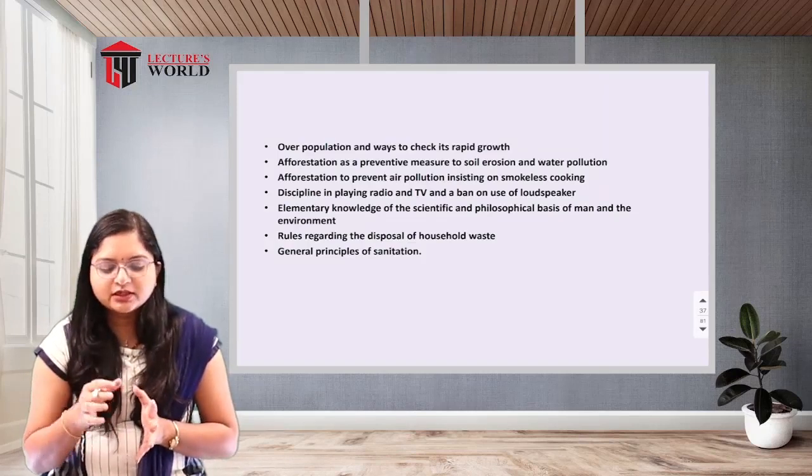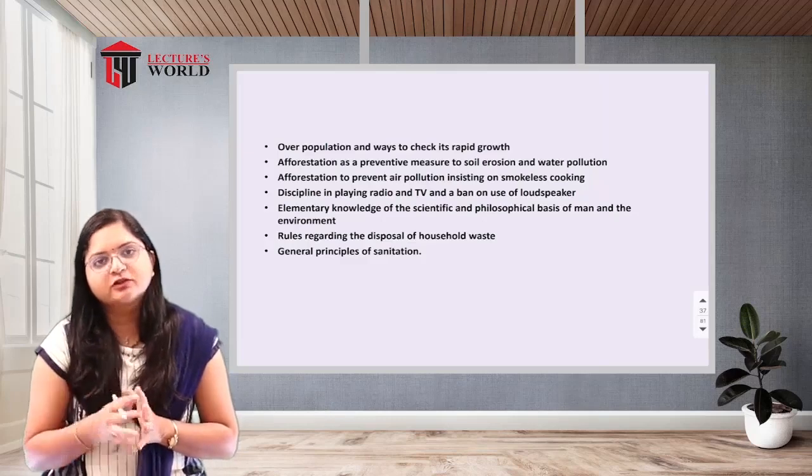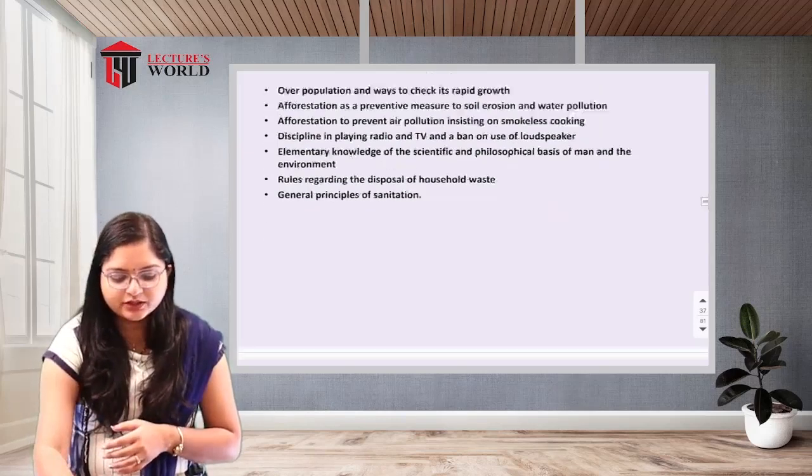So these are many important focused areas of environmental education.